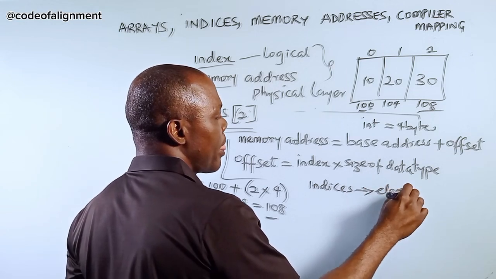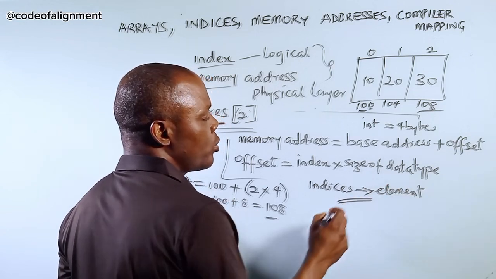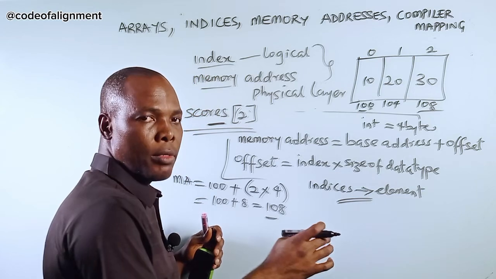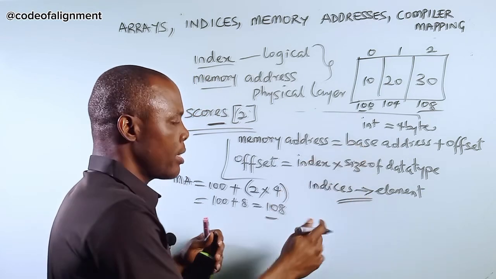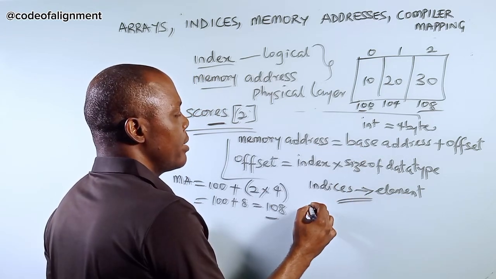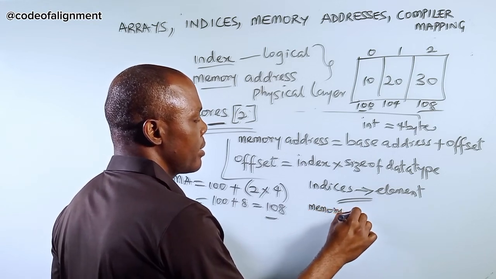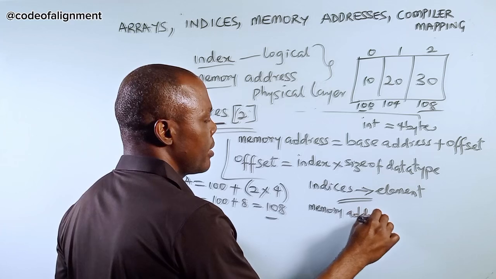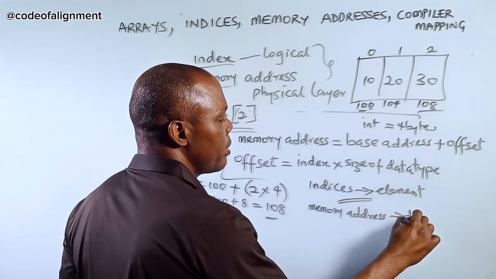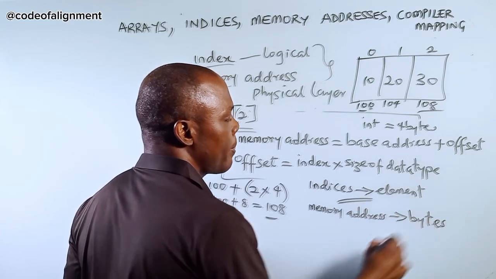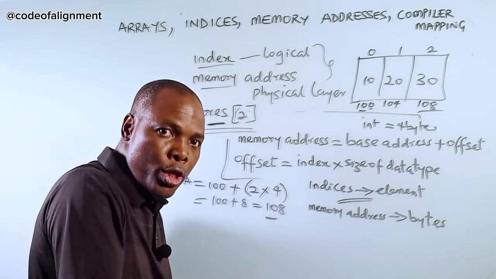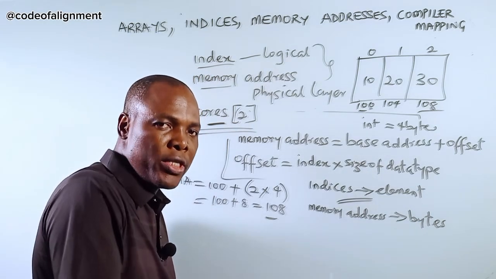Element at the logical layer level in which the programmer is existing, while memory address is mapped to what? Byte, which is the actual physical location where the element is going to reside.